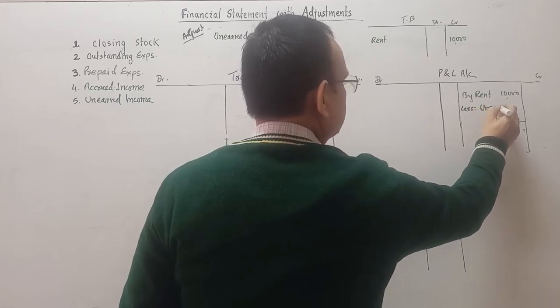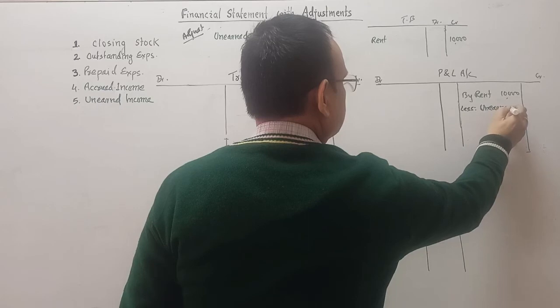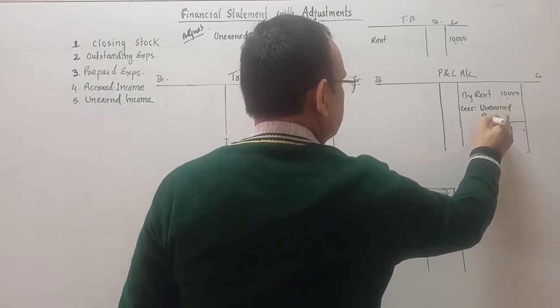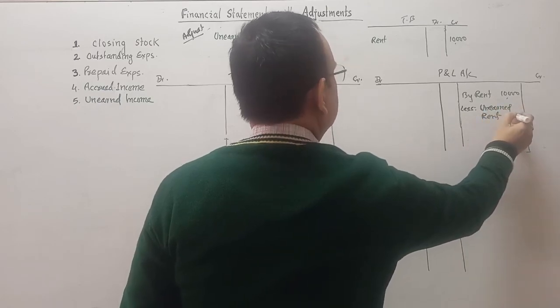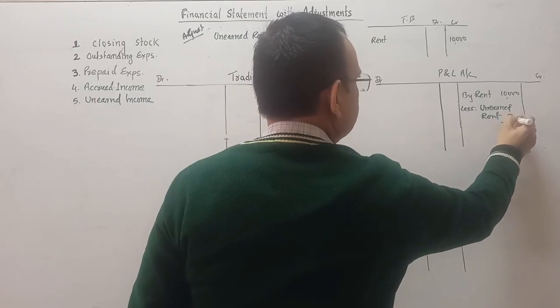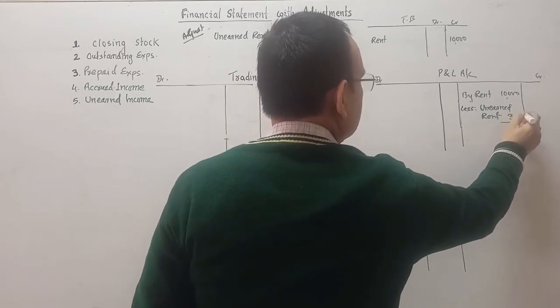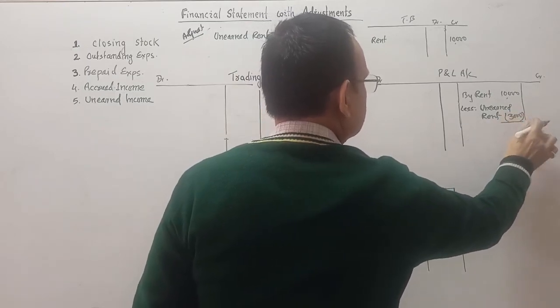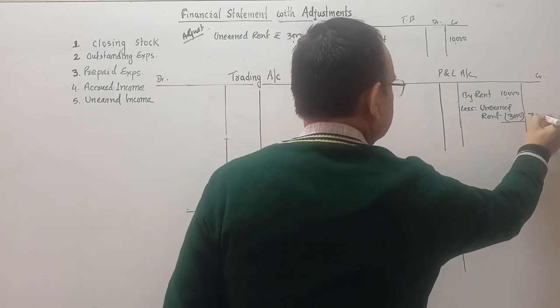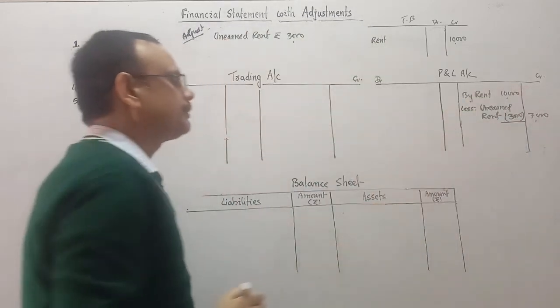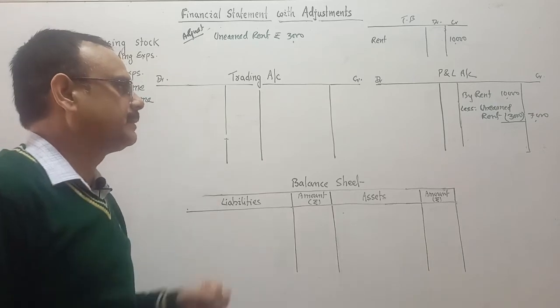Unearned rent is rent which is not yet earned but we have received the amount. This will be deducted to know the actual rent of the current year. Actual rent of the current year is 7,000.